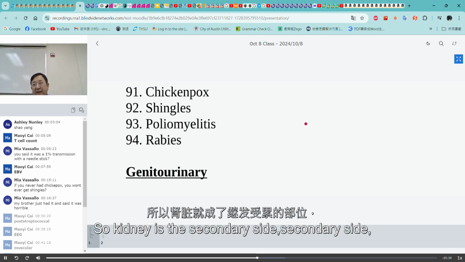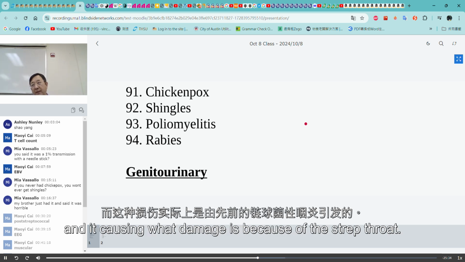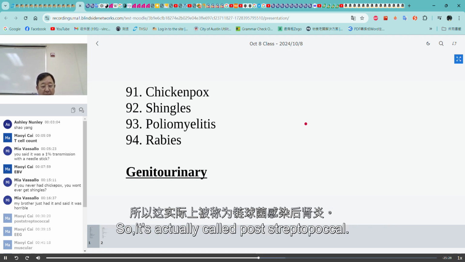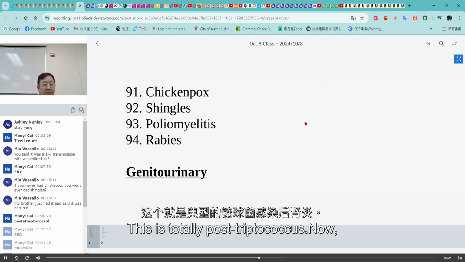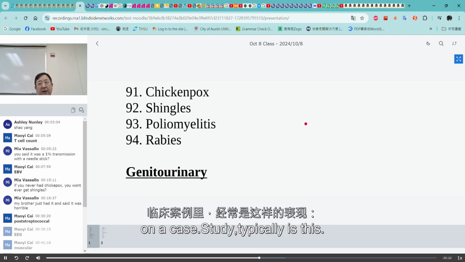So the kidney is the secondary site, and it causes what damage? It's because of the strep throat. So it's actually called post-streptococcal. Yeah, this is totally post-streptococcal. Now, on a case study, typically it is this.